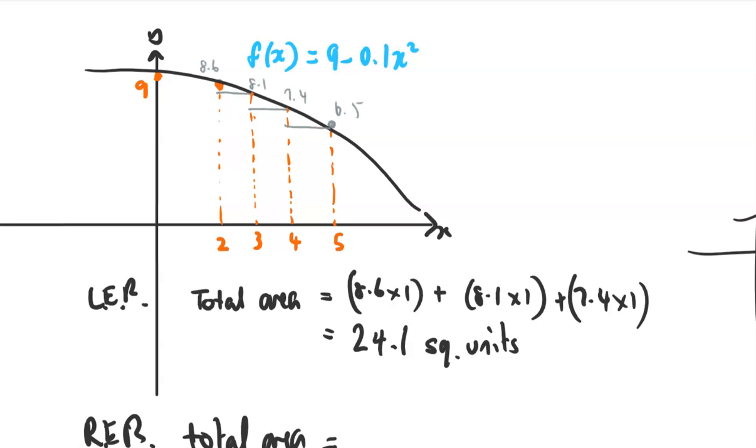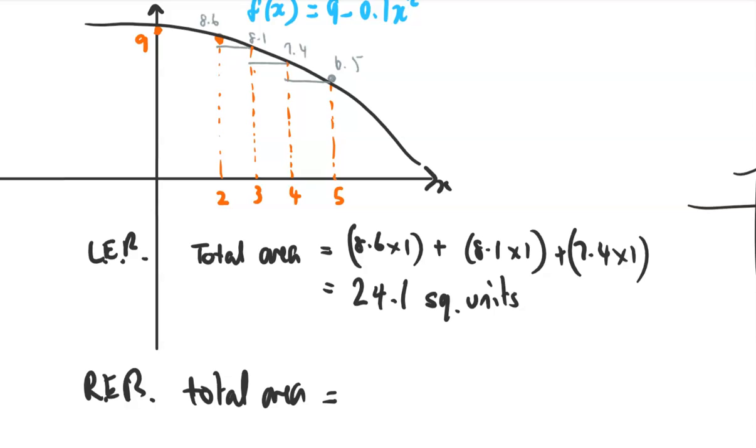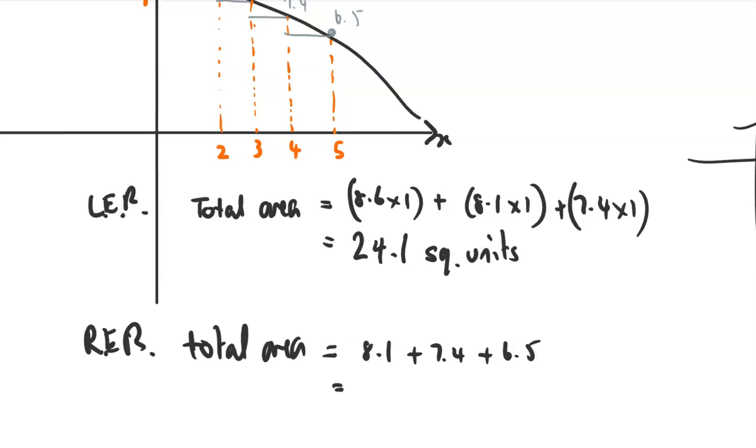Is that okay so far? So this is what we call right-hand rectangles. Now, if I was to do this area, I'm not going to worry about multiplying by 1. 8.1 plus 7.4 plus 6.5. So what's that? 15.5, 16, 22.